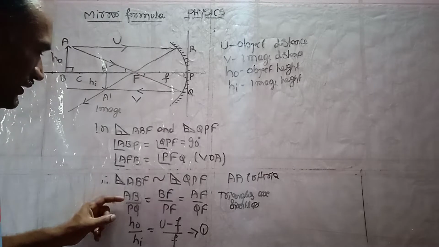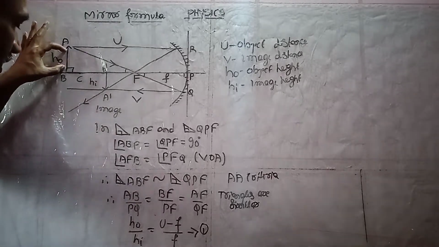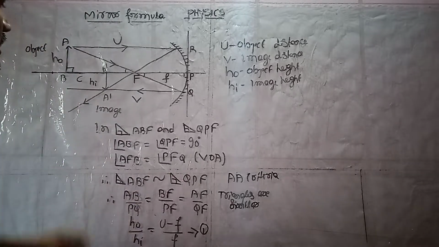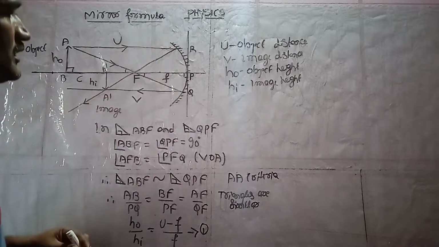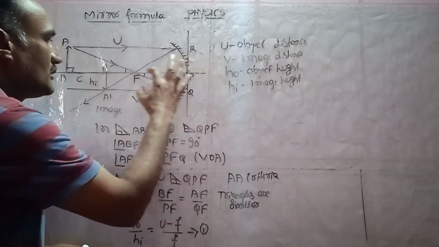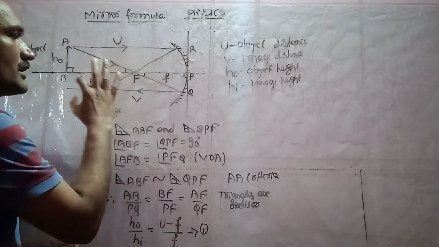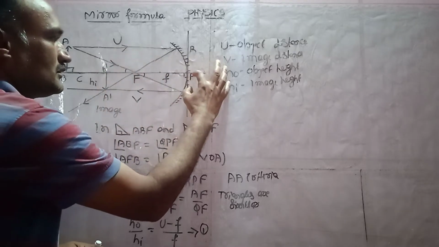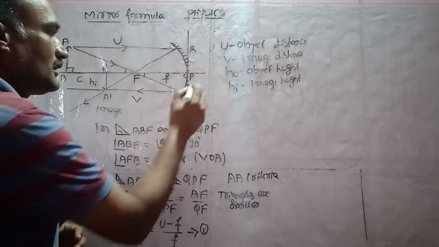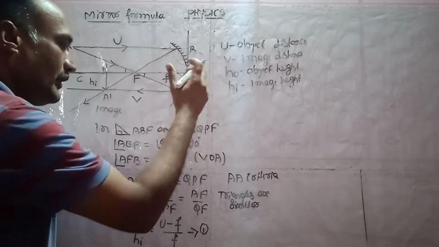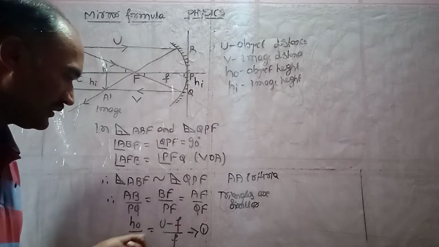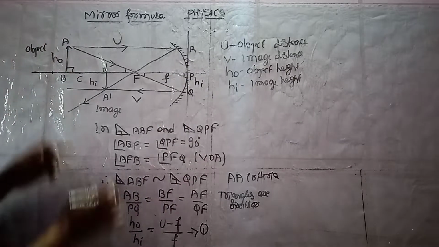Here AB is nothing but the object height ho, and PQ, look at this, dear student, is nothing but B dash A dash, which is parallel. So PQ is the image height hi, equal to BF length. This much we want.